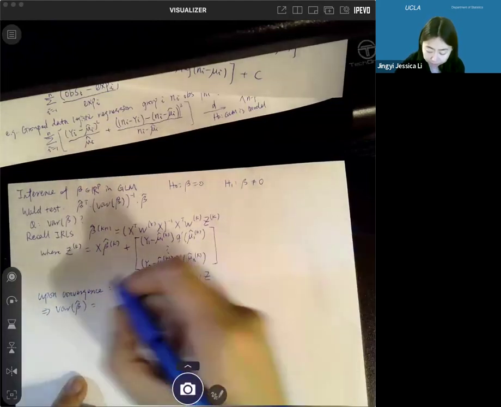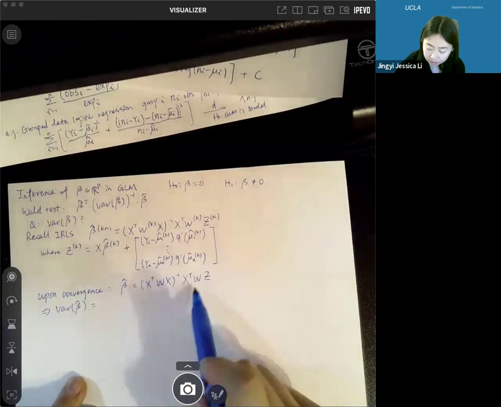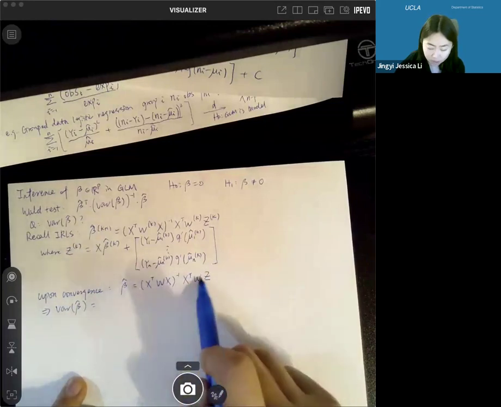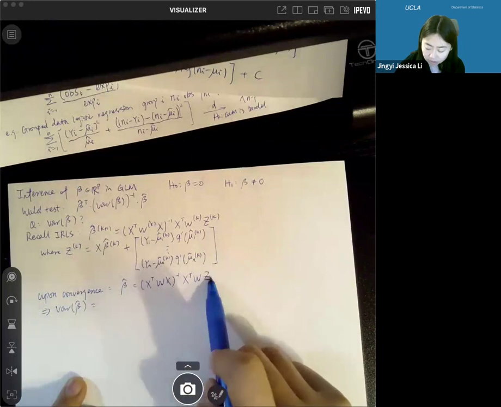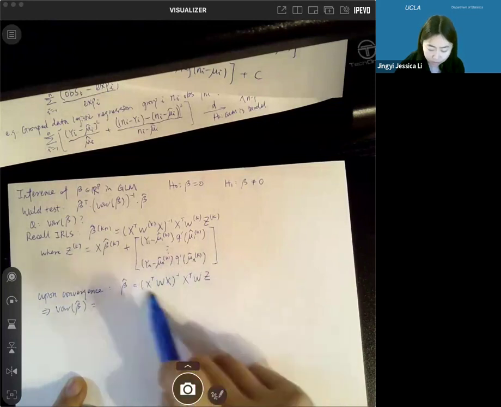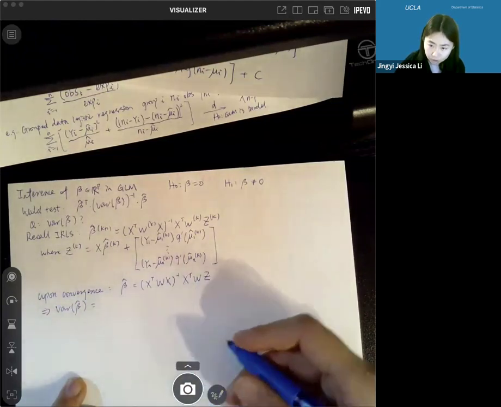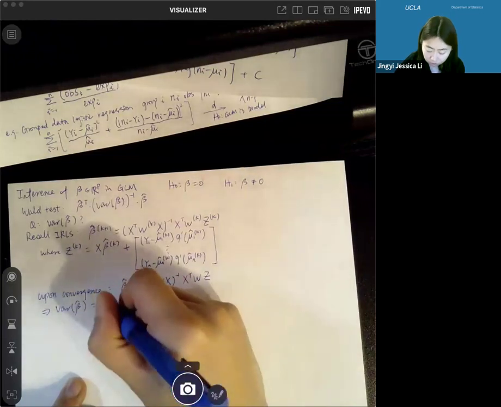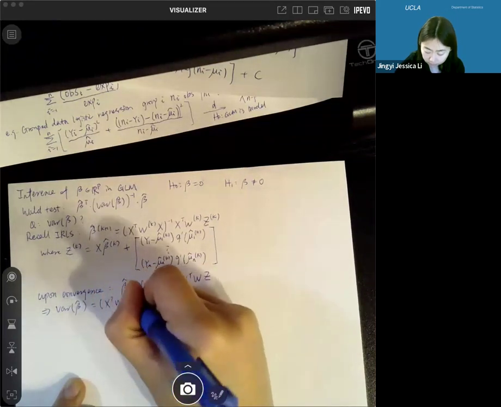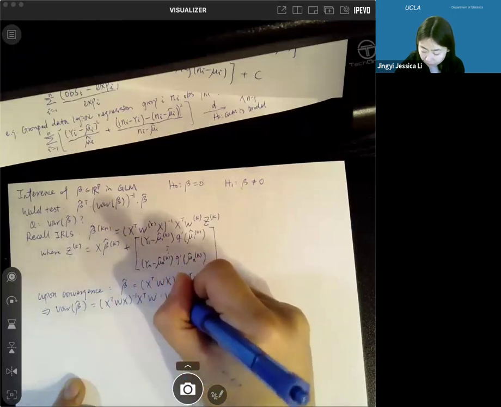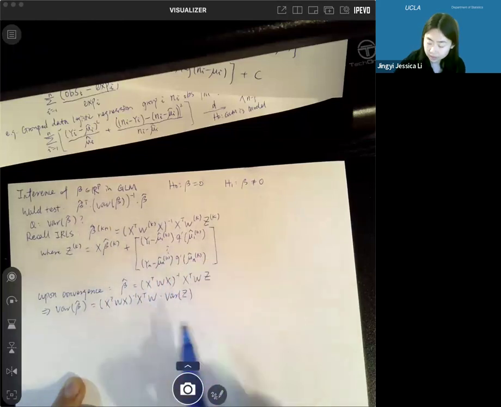Then we have, basically, this left matrix multiplied by the variance of Z times the transpose of this matrix. That's what we do for the variance formula in matrix form. So it becomes just the variance covariance matrix of Z, and this is n by n.